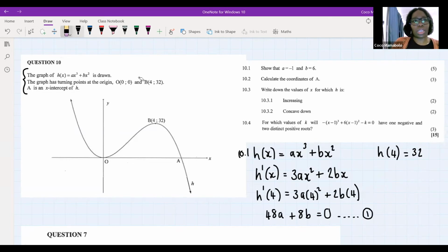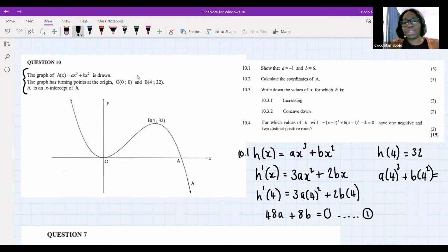So we're going to take those values that we have, and we're going to sub in the point 4. So we're going to have h of 4, which is 32. I'm just going to sub in 32 actually, otherwise I'm doing 2 steps at the same time. Then I know I've got a multiplied by 4 to the power of 3 plus b multiplied by 4 squared.